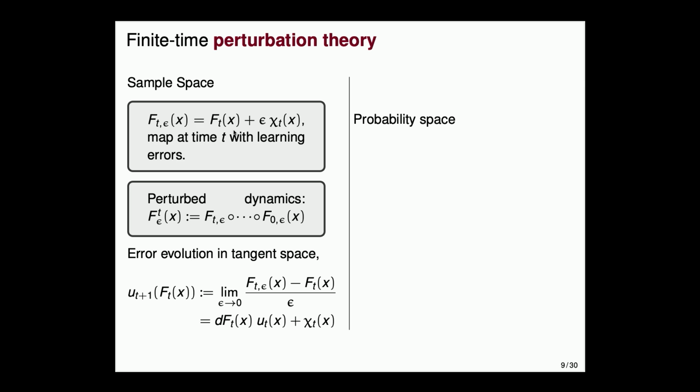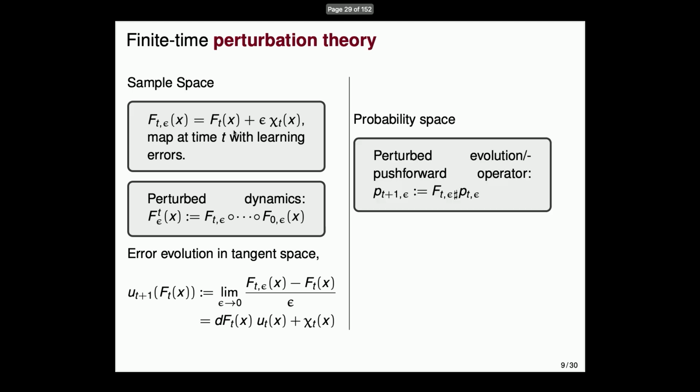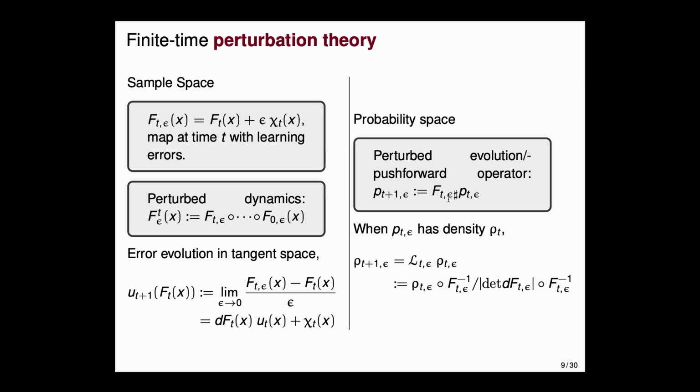Now this is all how errors propagate in path space or in sample space. Correspondingly in probability space, there is an operator which is just the push forward of Ft, but now Ft epsilon. With the error, the push forward itself is different. So if we have densities, rho t epsilon are the perturbed densities, and rho t 0 are the original densities.